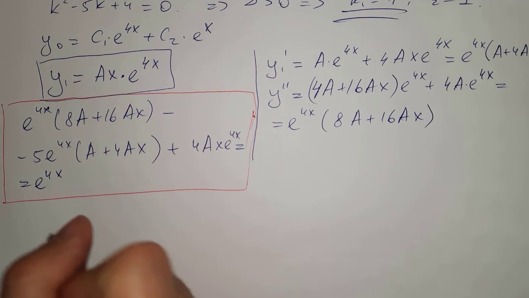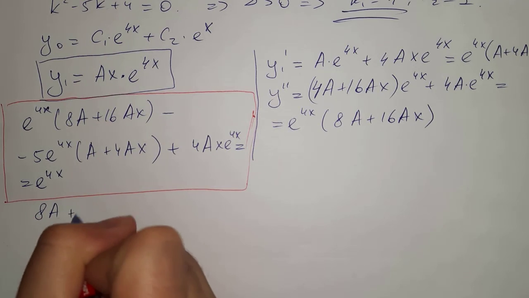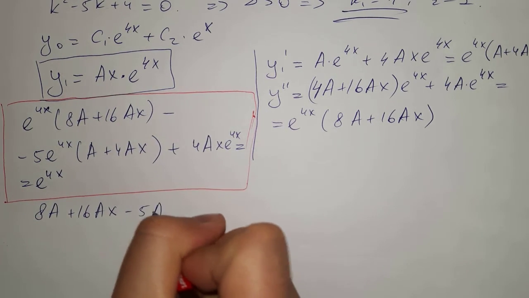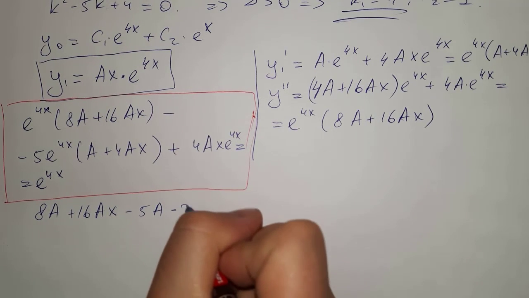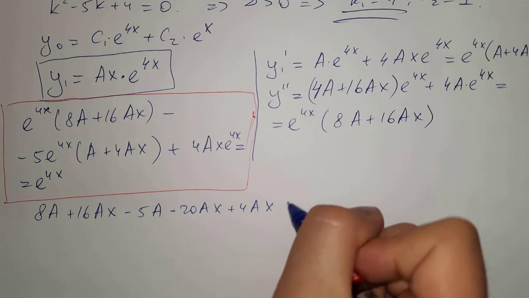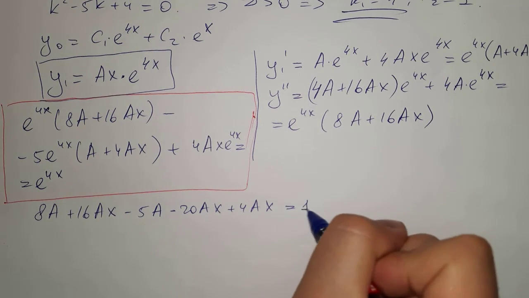Now after opening the brackets we have 8a plus 16ax minus 5a minus 20ax plus 4ax, and it equals 1.